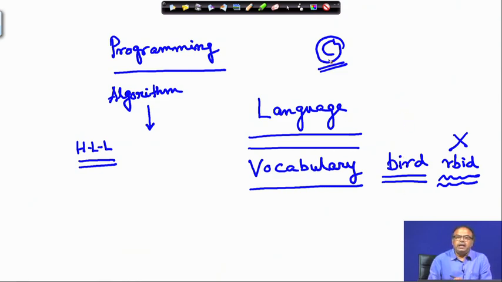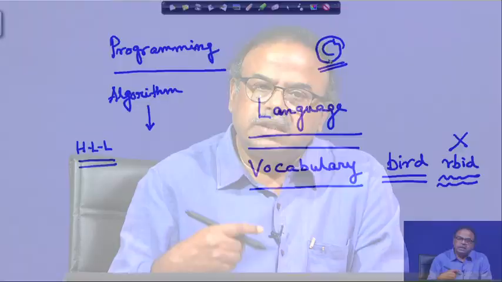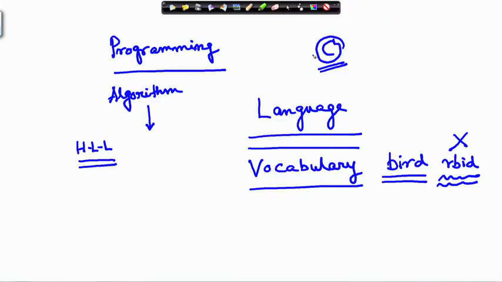Similarly, C will also have some valid words which we will see, through which we can express the basic elements of a C program. Just as an English sentence is built using valid English words, otherwise the meaning will not be understood. In the case of C programming language, C will have its own vocabulary, right.